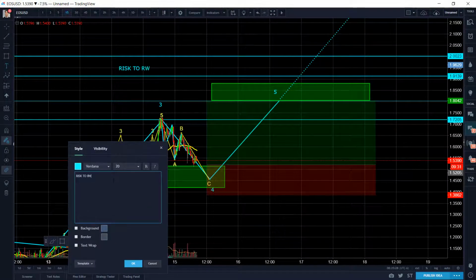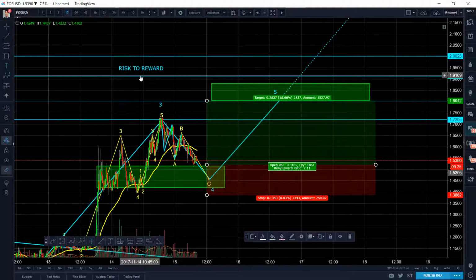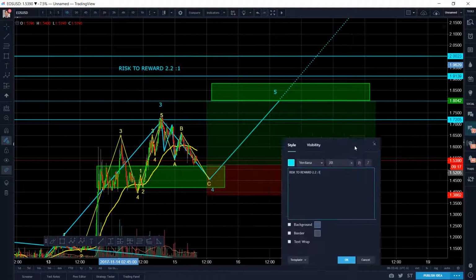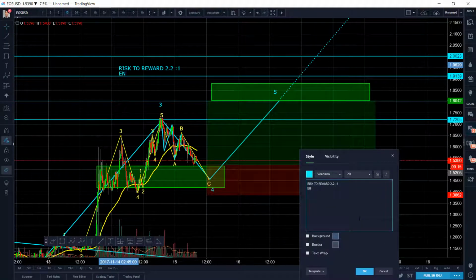And now you got a beautiful, beautiful risk to reward, which I will also write out. Risk to reward. And the risk to reward is, what was it again? 2.2 to 1. The entry price is between $1.45 to $1.53. Target 1 is equal to $1.81, or say 80.